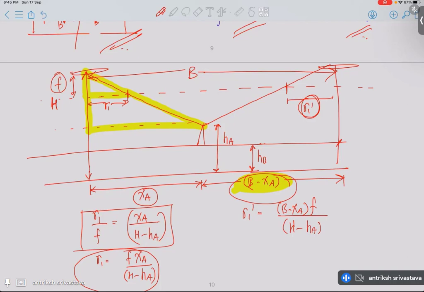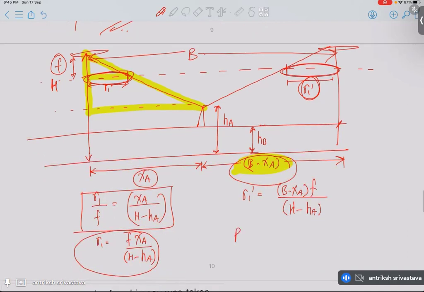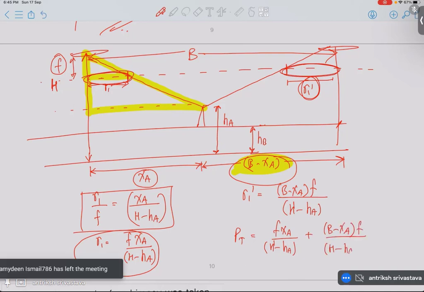And what did I say the parallax is? It is the total distance traveled by the object on the image. So it will be r1 plus r1 dash. So the parallax for the top will be f xa by h minus ha plus b minus xa f by h minus ha.